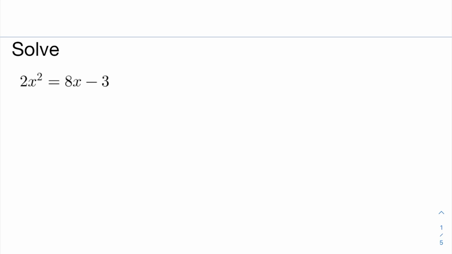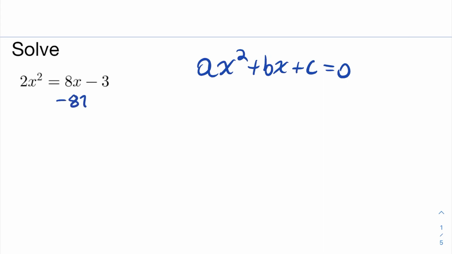We first want to put it in the standard form, ax squared plus bx plus c equals 0. You can only get the coefficients a, b, and c when it's in standard form. So we subtract 8x and add 3 to both sides.